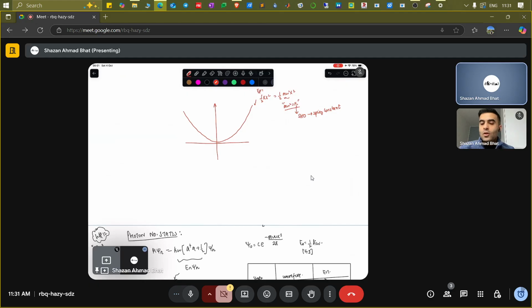Okay. So this parabola is basically the potential curve profile, and let's say this is energy, this is x. When you go from the classical to the quantum harmonic oscillator, the energy is discretized, and you can write it as a dagger a plus 1 by 2, where n is the number operator.